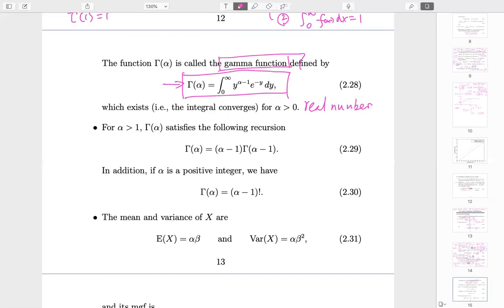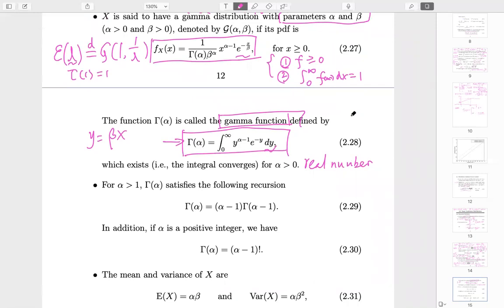So once you have this, obviously for this gamma function, you only have one parameter, alpha, right? How do you change that? Here the variable is y, right? You can introduce a change of variable. So let's say y is x divided by beta.